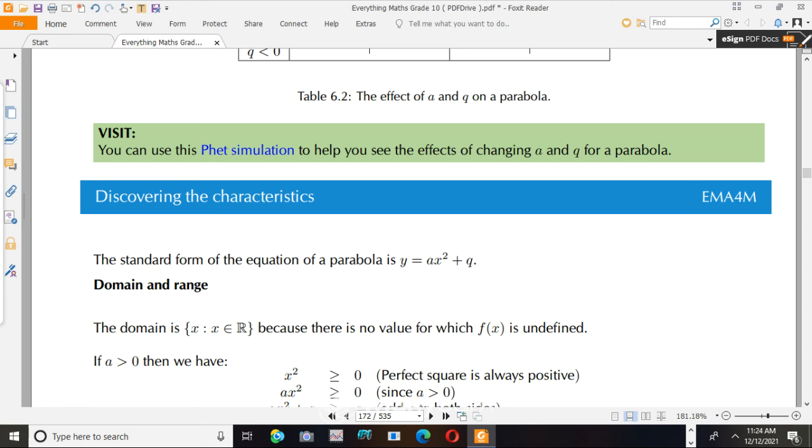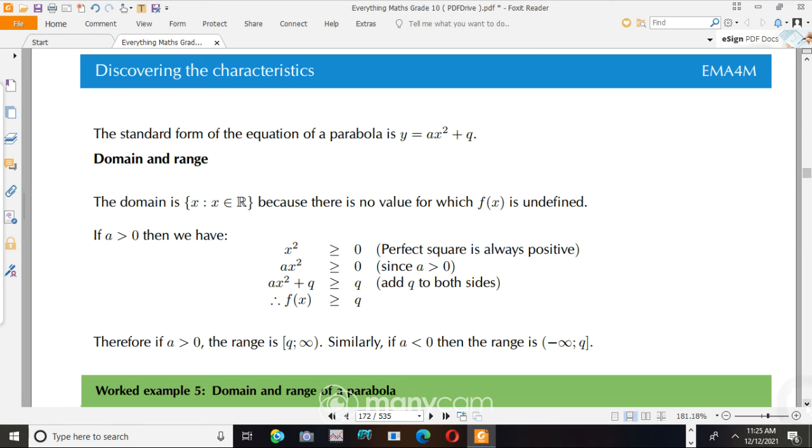Discover characteristics. Okay, the standard form of the equation of the parabola is y equals x squared plus q. The domain and the range. Domain is the x value, that is x is an element of the real numbers, because there is no value for which x is undefined, so x should be the set of real numbers.